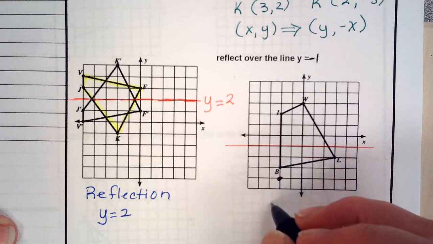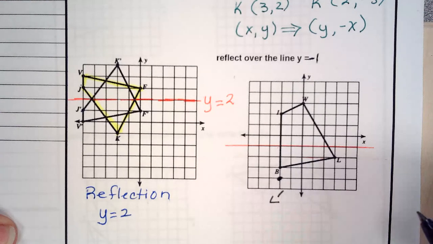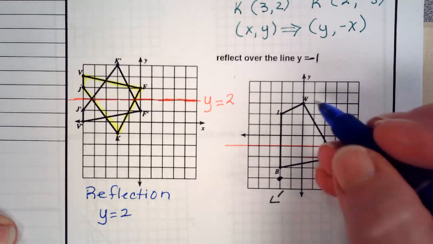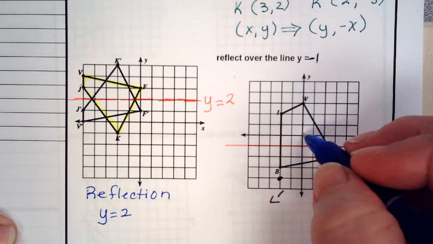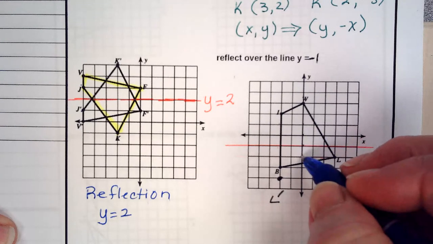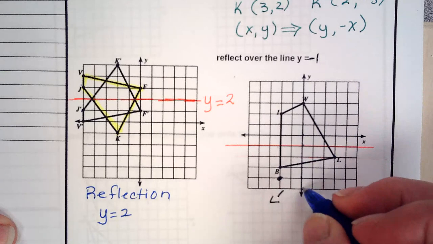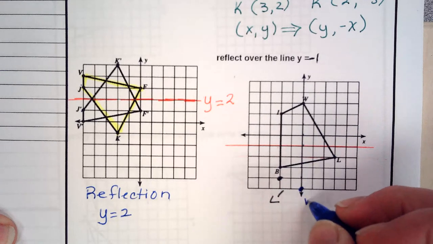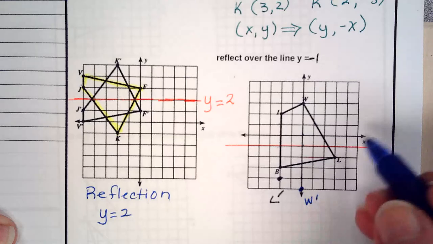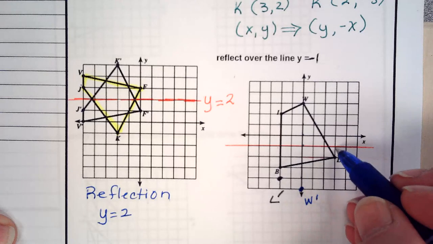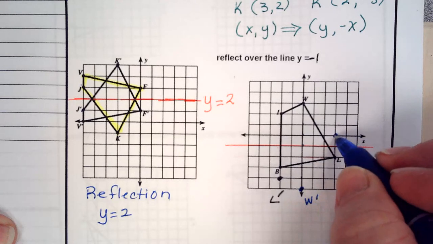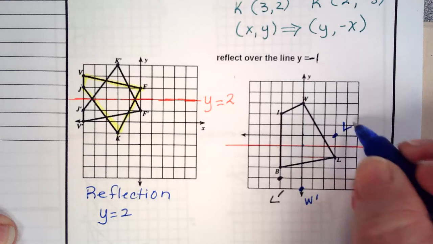This becomes L prime. W is 1, 2, 3, 4. 1, 2, 3, 4. W prime. L is down 1, so I flip it over 1. L prime.